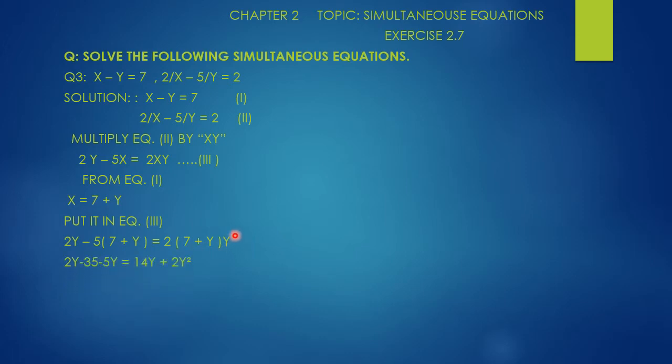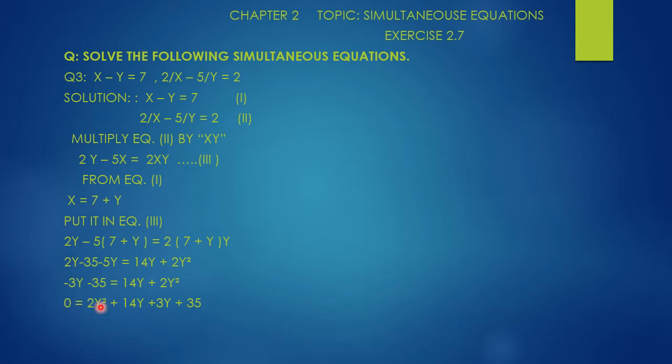The next step is 2y minus 35 minus 5y is equal to 2y multiplied by 7, which is 14y plus 2y square. So the next step is 2y minus 5y, which is minus 3y, minus 35 is equal to 14y plus 2y square. So minus 3y minus 35 will be shifted to the right hand side, so their sign will be changed.